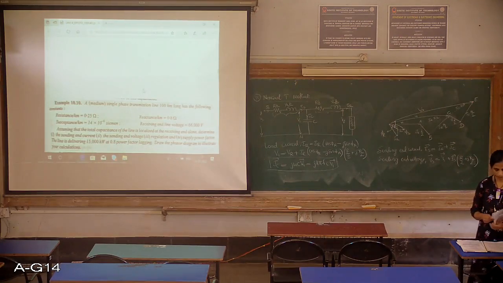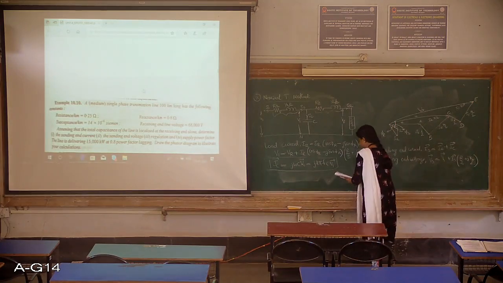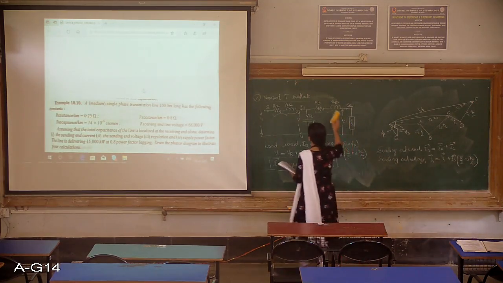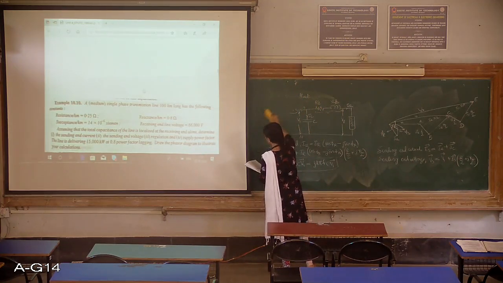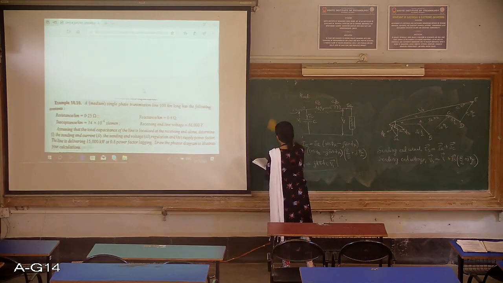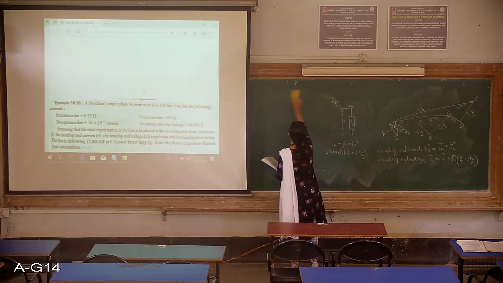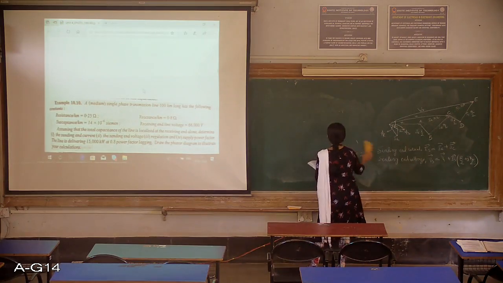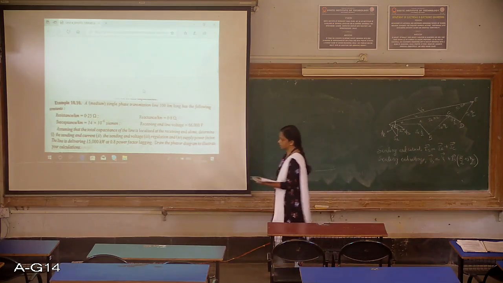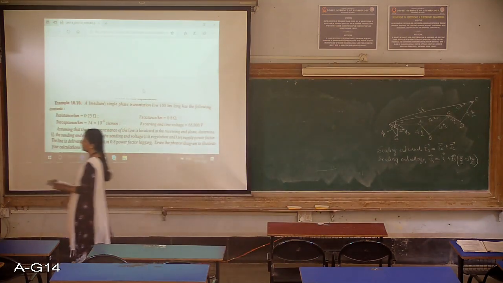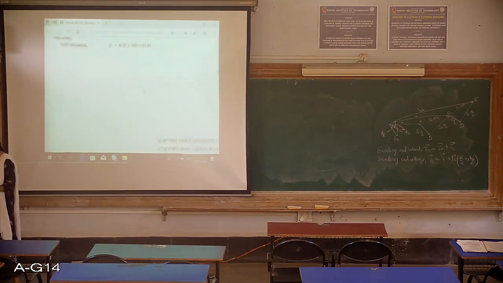Here, note down. A three phase 50 hertz transmission line, 100 kilometers long, delivers 20 megawatts.